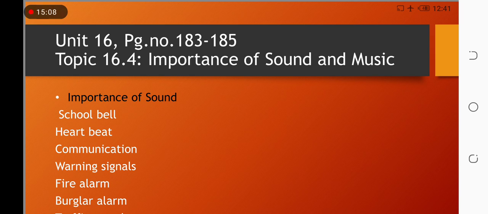So there is a lot of difference between musical sound and noise. Noise produces a jarring effect on our body, while musical sound produces a pleasant effect on our body. So this is the major difference between noise and musical sound.